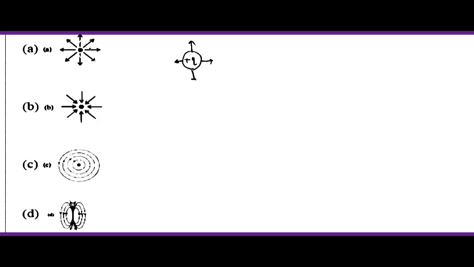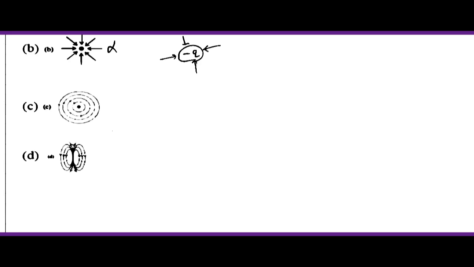This will not represent the magnetic field lines, which means this option is incorrect. Similarly, option B represents the case when you place a minus q charge, so the electric field lines are something like this. It also represents only electric field lines, not magnetic field lines. This option is incorrect.